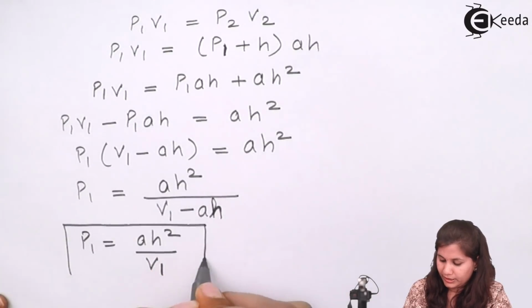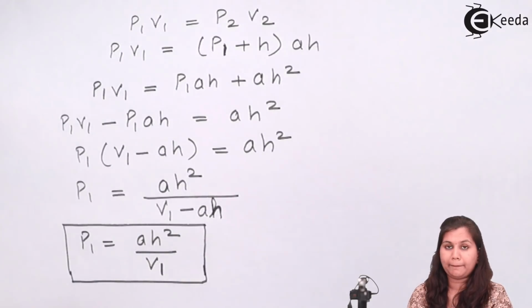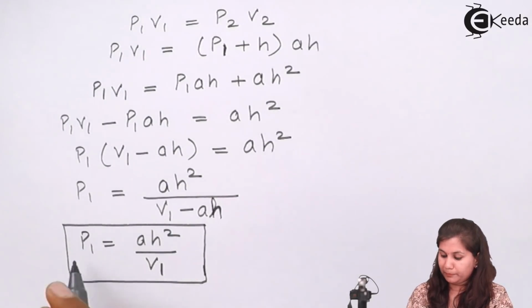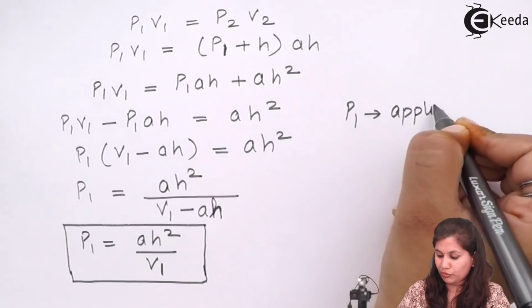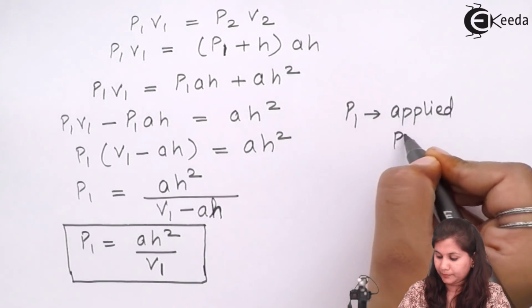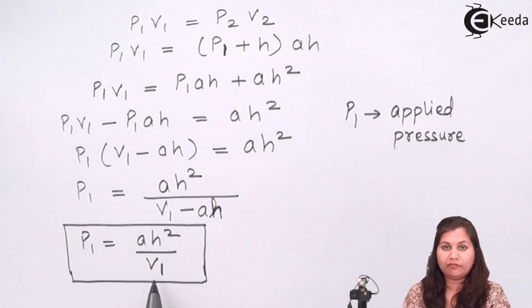By using this formula we can find out the applied pressure, because P1 is the pressure which we have applied or the pressure which we want to measure. V1 is the initial volume of the gas which we have taken.